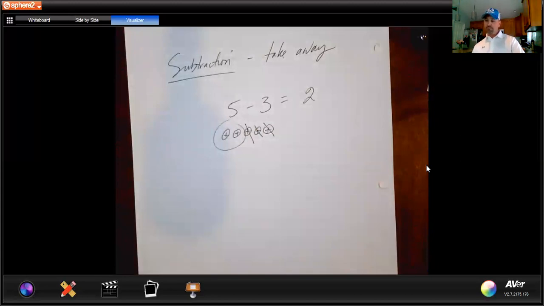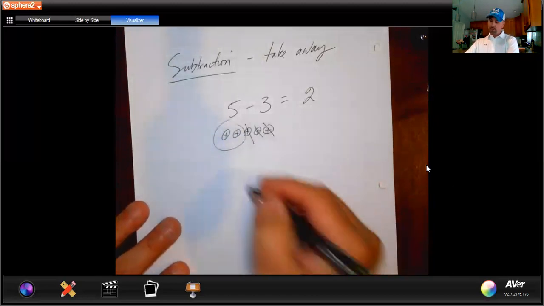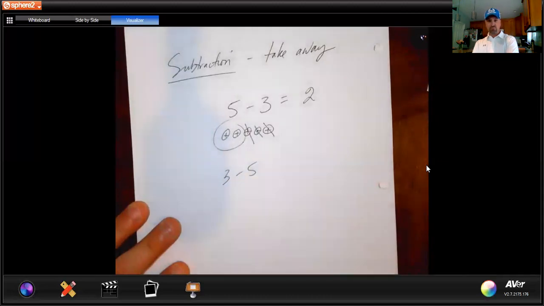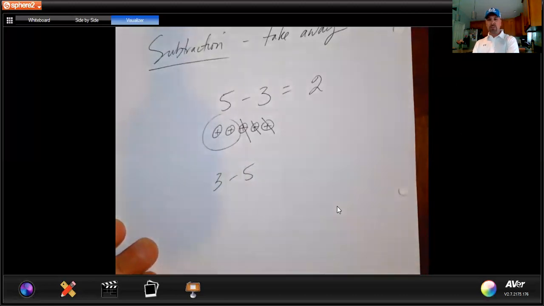But the issues start arising when you do the other types of subtraction problems. Even if I were just to take these two numbers and flip them around and do 3 minus 5, now drawing the picture is a little bit harder.